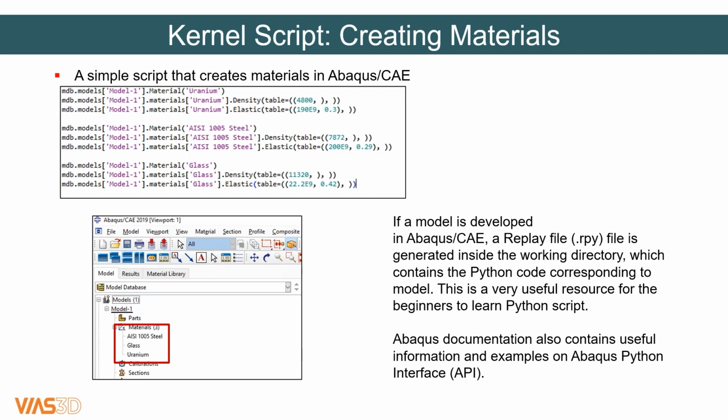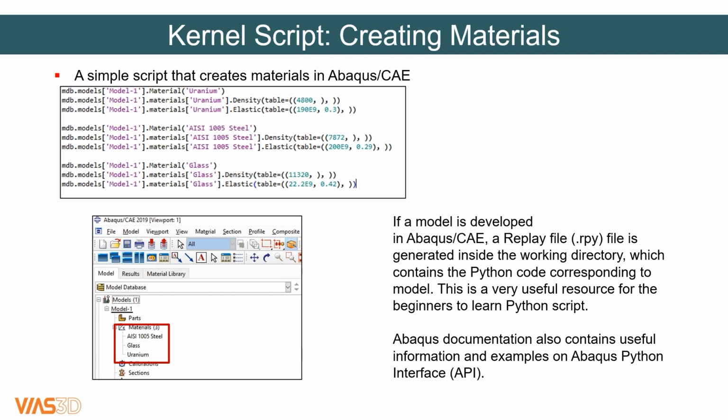If you grab these commands, copy them into a text file and name it with a .py extension, then you can execute those commands again by using run script through the Abaqus CAE environment. And again, that's the easiest way to get started.